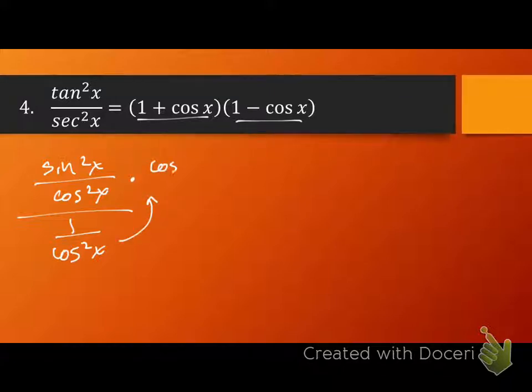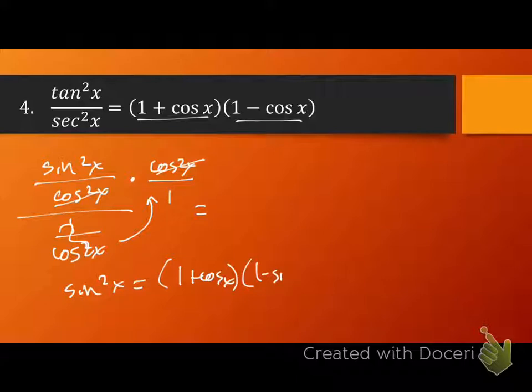So I get cosine squared x over 1. That goes away. I'm going to divide these out. So I'm left with just sine squared x equals, and this is supposed to be 1 plus cosine x, 1 minus cosine x.